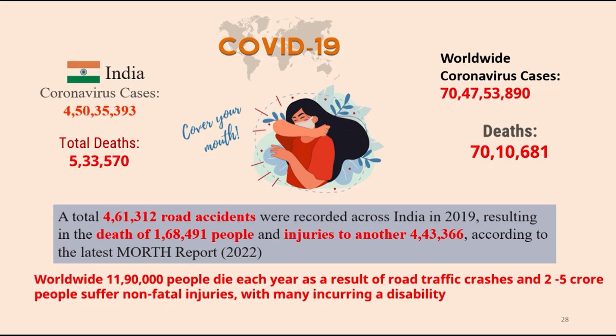But the death rate due to road accidents is huge, and still people are not very much aware or concerned. This total death is close to 12 lakh, here it is 70 lakh. So about 1/5 of that, and that is happening on a regular basis, and still people are not taking stock of it.